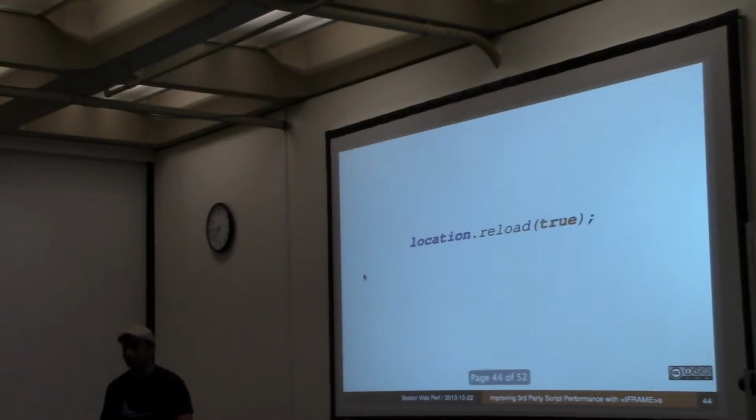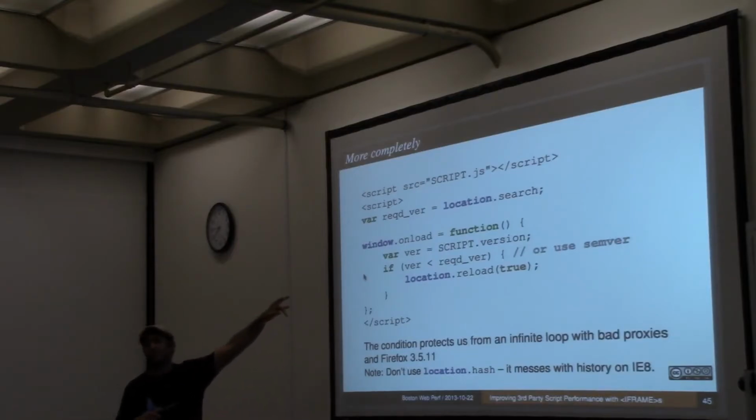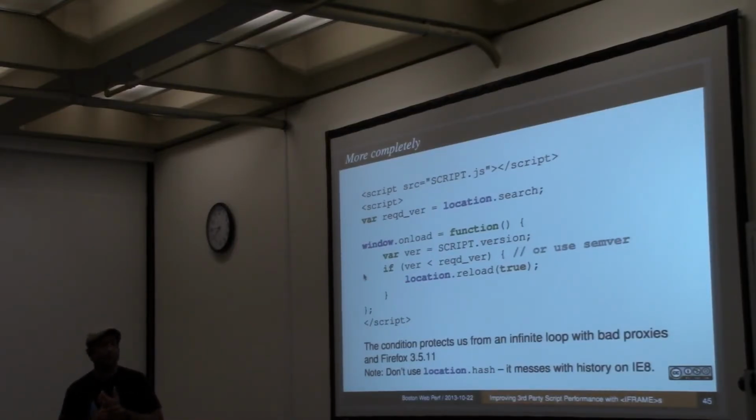Does the page you load have to be versioned? It does not. That's the cool thing, and that's what this next slide is about. What I do in my case is we have this HTML page, and we just put a question mark and the version number onto that. So yeah, it is sort of versioned, but what we use that version for is to compare with the version of the JavaScript that we think should be in the cache.